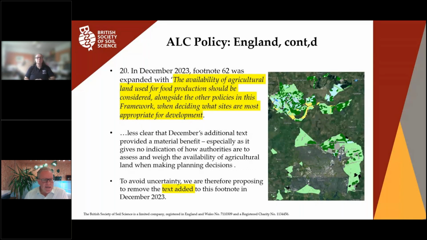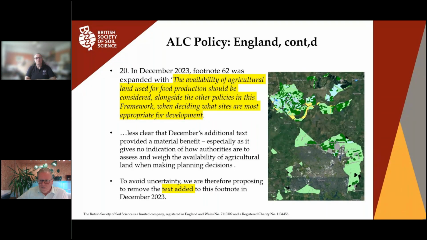So as I said, footnote 62 was amended in December 23, but the government's questioning at the moment whether or not the availability of land used for food production is actually helpful and necessary, and it has actually led to a number of objections based on the use of best and most fertile land.